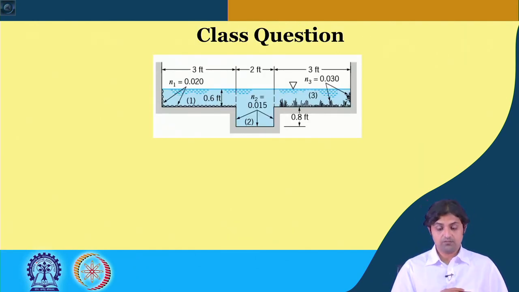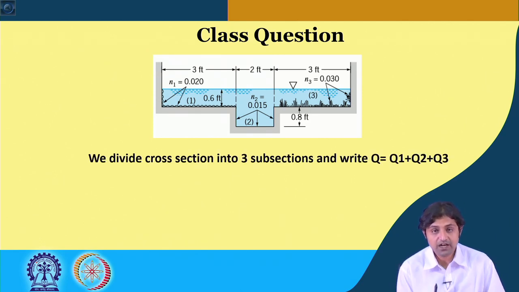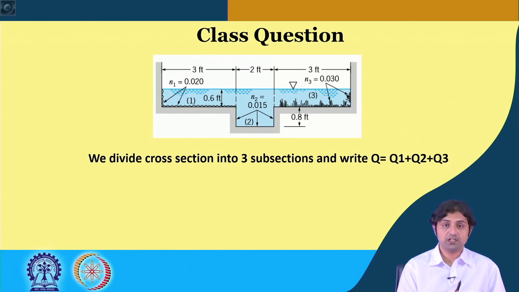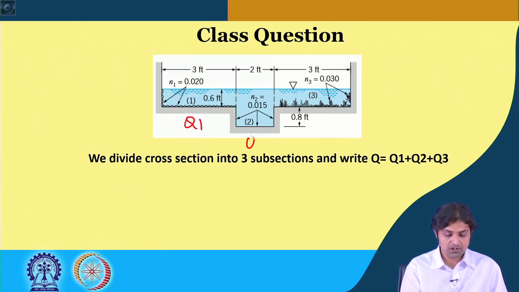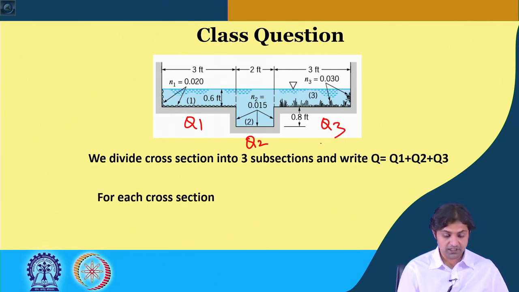First, we redraw the diagram here and we divide the cross section into 3 subsections, and the total discharge is going to be Q1 plus Q2 plus Q3. This is section 1, here it will be Q1, it will be Q2 and it will be Q3. So, we find them separately.